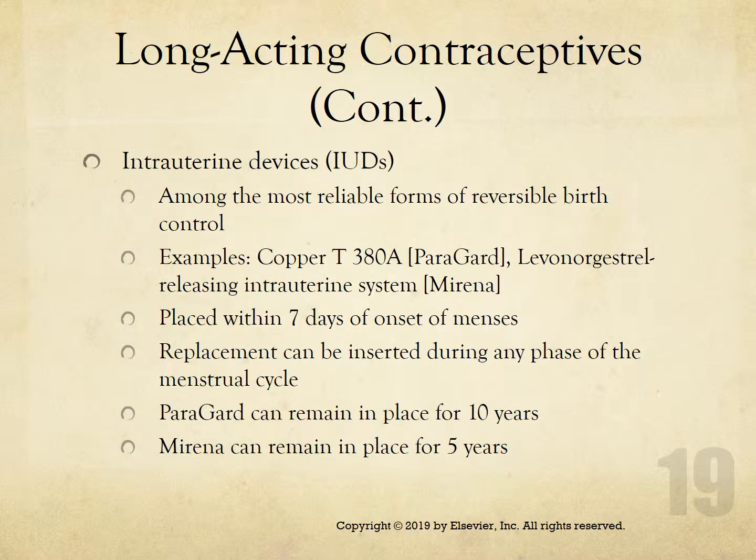Then you have your IUDs. They are among the most reliable. You have the copper T, which has been around for a very long time. It does not contain any hormones at all. And then you have your Mirena. You also have a Skyla as an example of one of the newer ones. The newer ones are smaller. They're trying, such as with the Skyla, to make them small enough so that a nulliparous woman can use them.